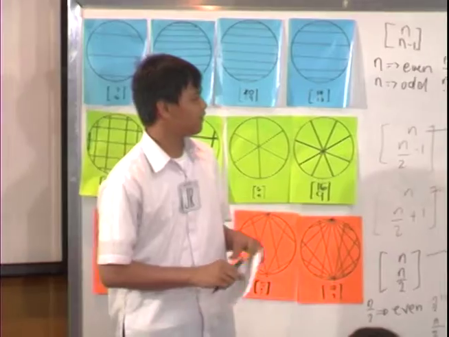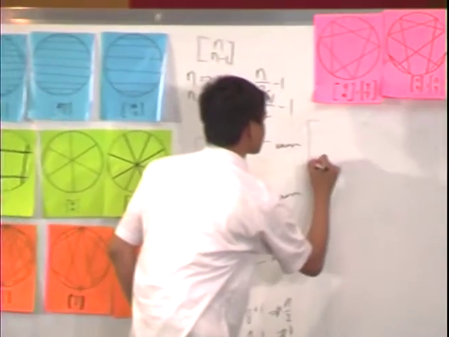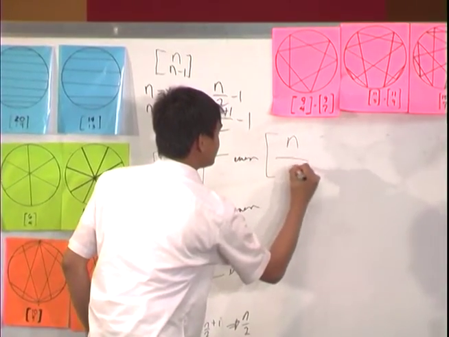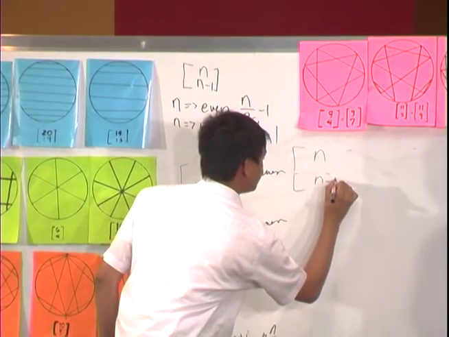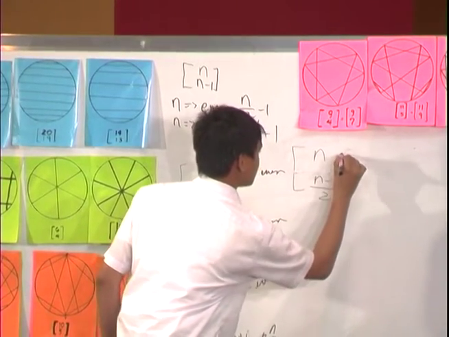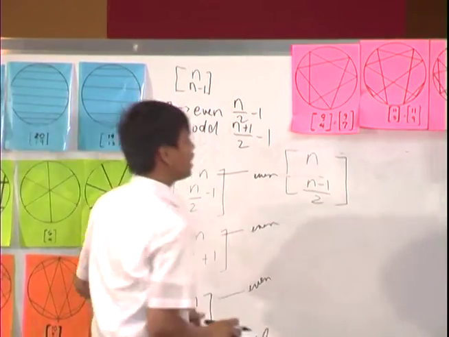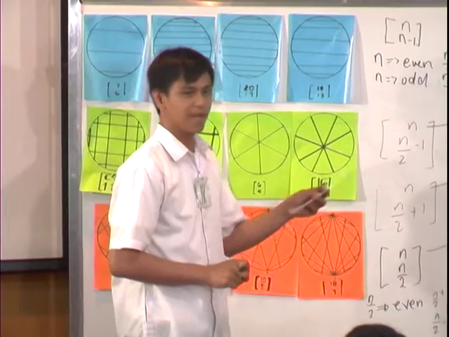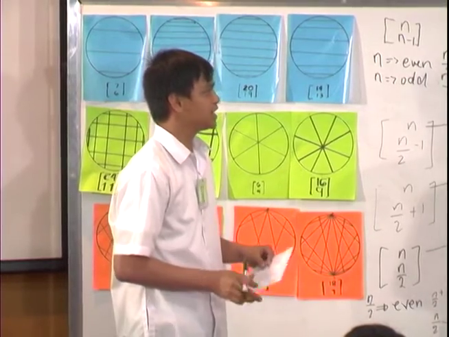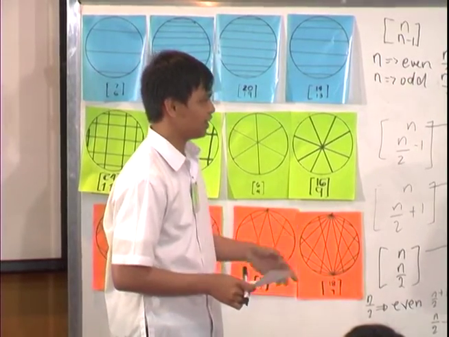We are asked to find the graph of n factor n minus 1 all over 2. And we have noticed that the graph of n with the factor of n minus 1 all over 2 is a 6-pointed star.